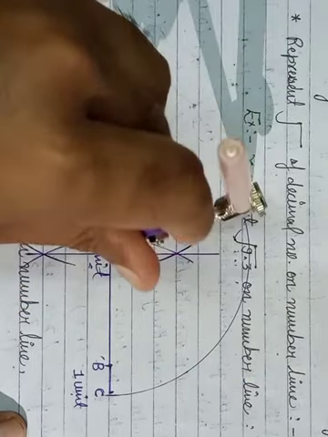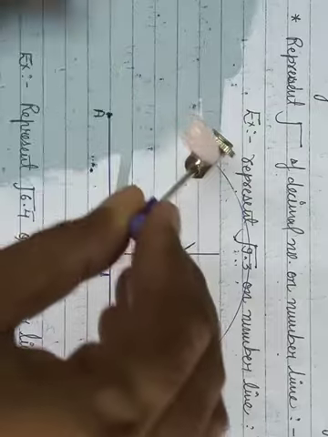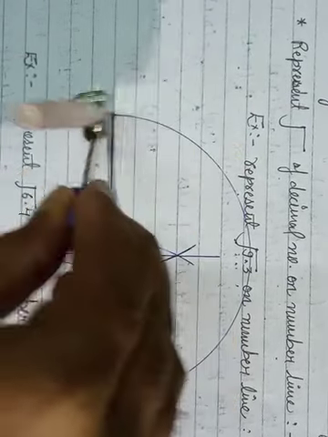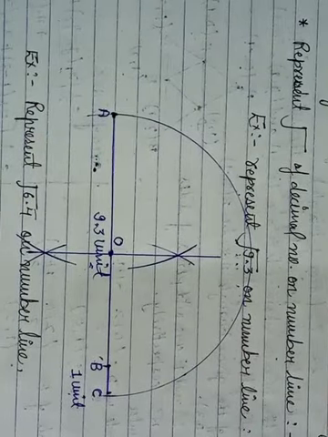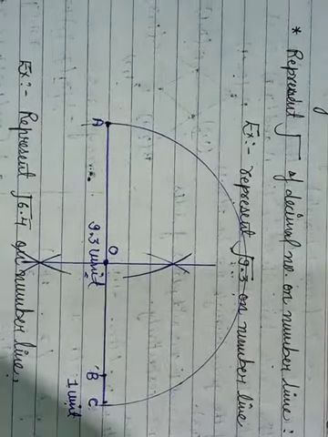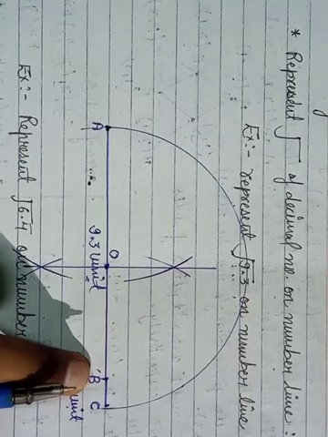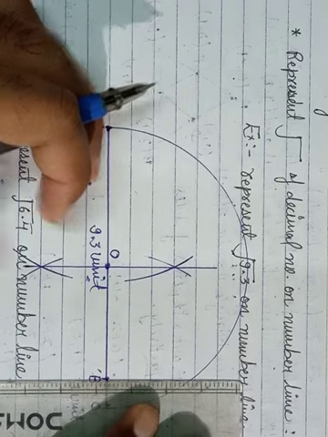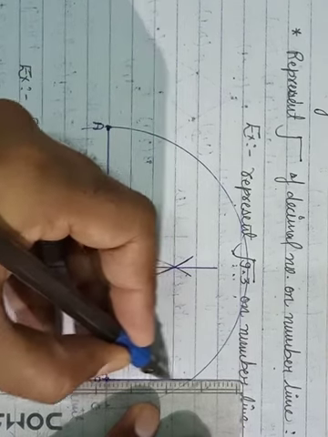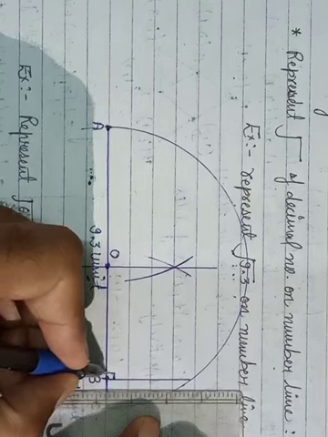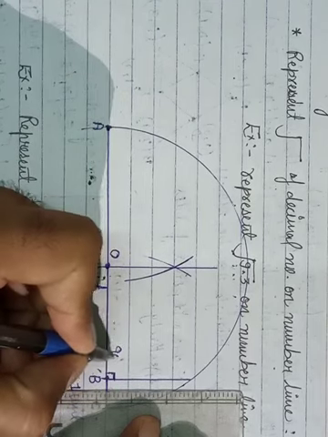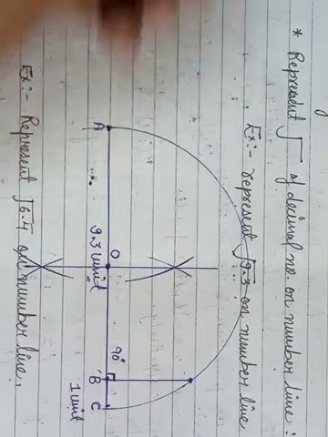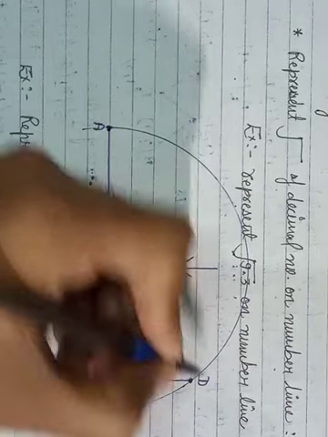Remember that this semicircle meets point A. Okay, now we will draw the perpendicular from point B. This perpendicular meets the semicircle at point D.